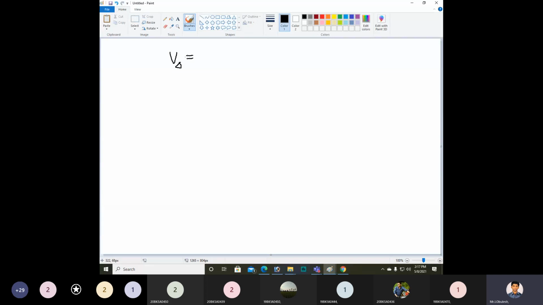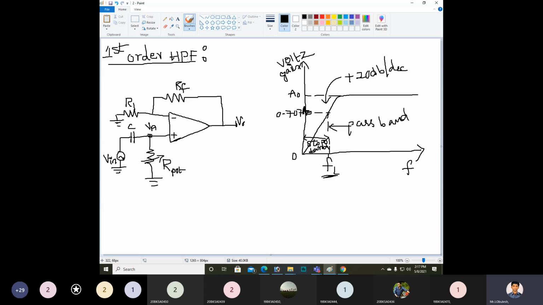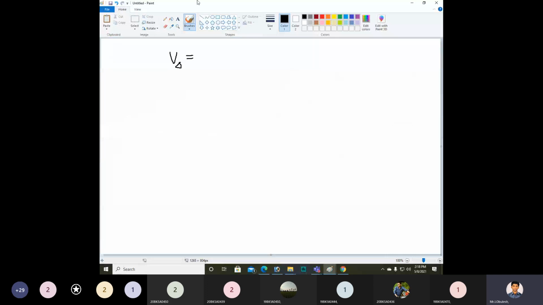If this op-amp is in non-inverting configuration, then the voltage gain A0 is equal to V0 divided by VA, which equals, from the ideal non-inverting amplifier voltage gain, 1 plus RF divided by R1.